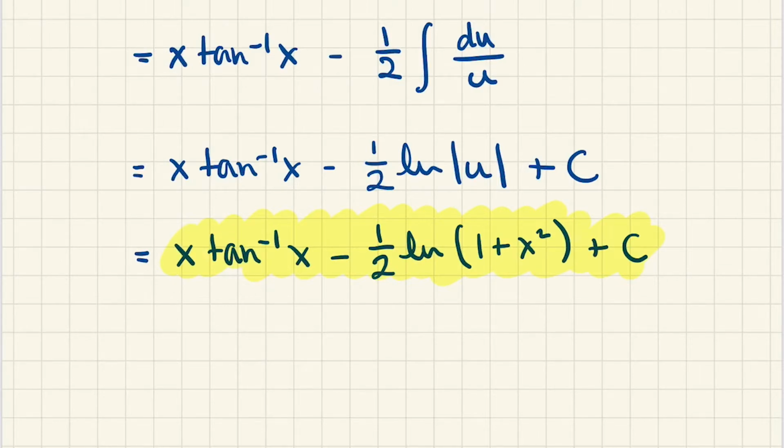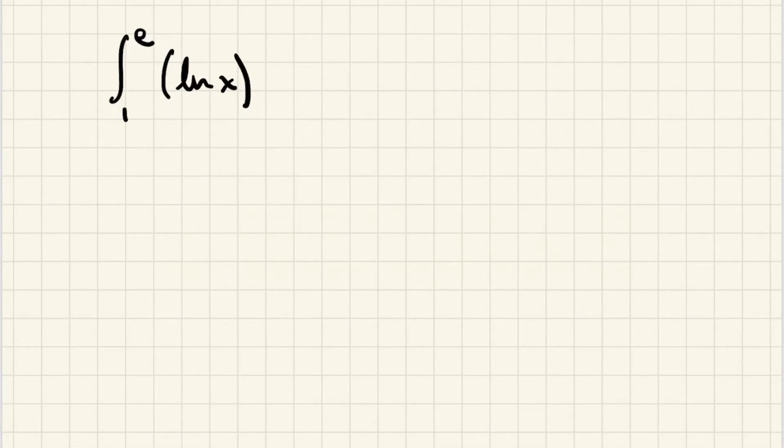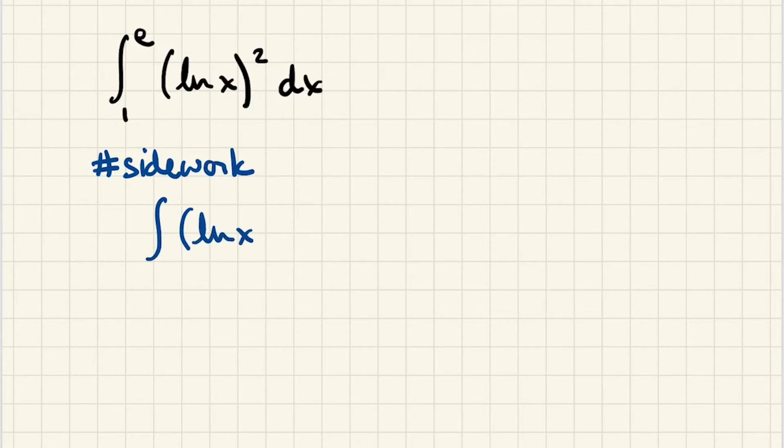Okay, let's look at an integration by parts problem with bounds on it. Now my recommendation for integration by parts with bounds is that you actually work this out as side work without bounds and then finish with the fundamental theorem of calculus. If you do include the bounds, then you need to track them all the way down the line.